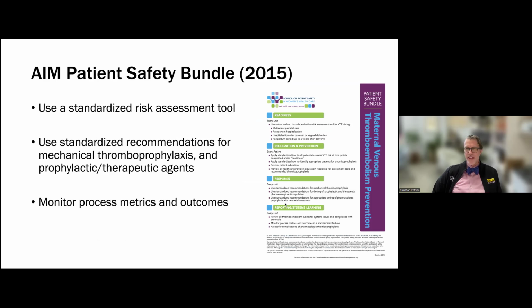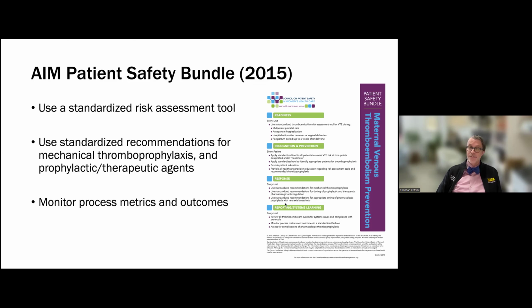And like all of the AIM safety bundles, it uses the readiness, recognition, prevention, response, and reporting systems to give recommendations for what hospitals should be doing. They recommended a standardized risk assessment tool and standardized recommendations for mechanical thromboprophylaxis and for the agents for prophylaxis and therapy. And they asked us to monitor process metrics and outcomes.